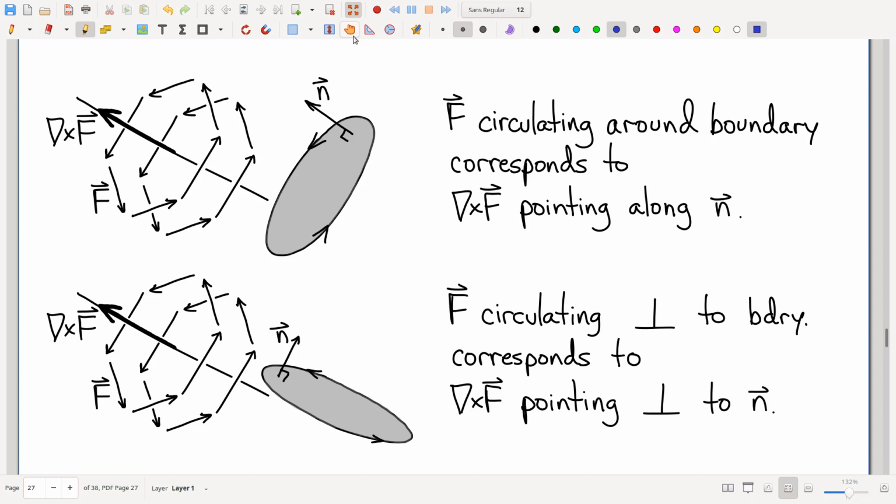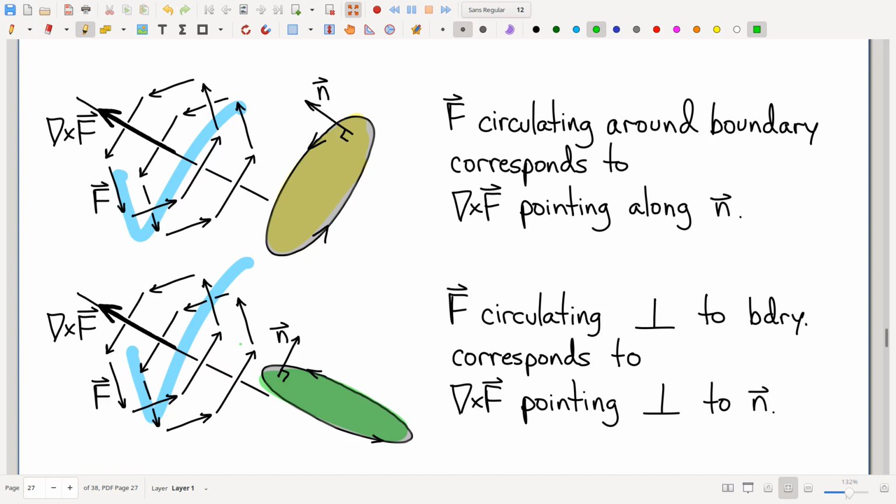So what I have is two pictures of the same vector field. Same vector field, exact same, copy paste, not a bit different. And I'm just going to walk through a couple of examples of how that fluid circulates around the boundary of that little piece of surface.